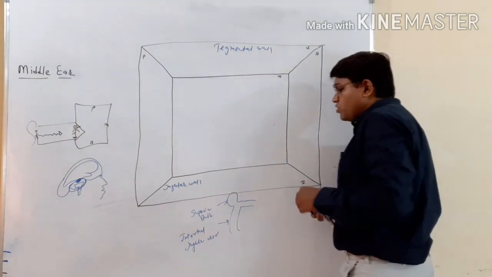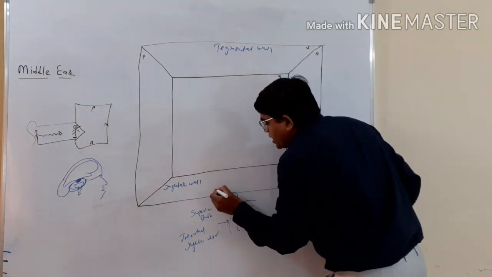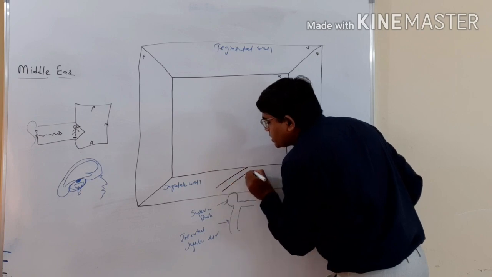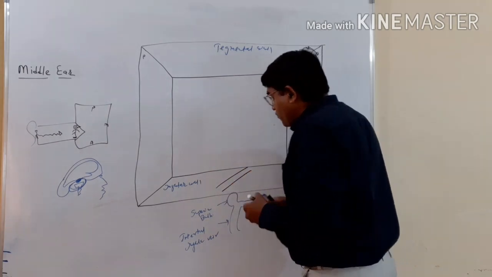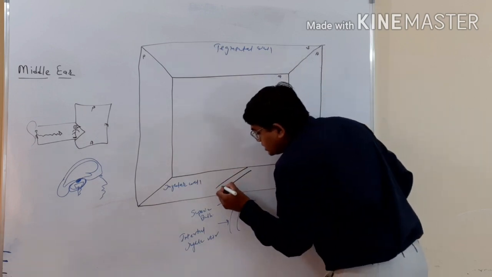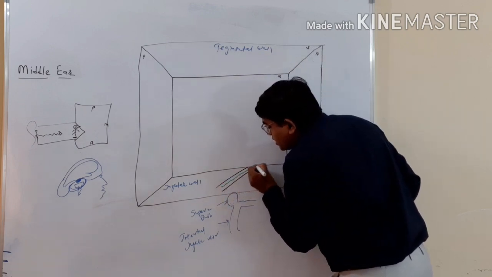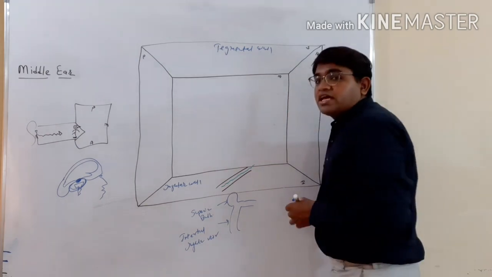On this jugular wall there is one bony canal, the posterior canaliculus, and it lodges one nerve, the tympanic branch of the ninth cranial nerve.